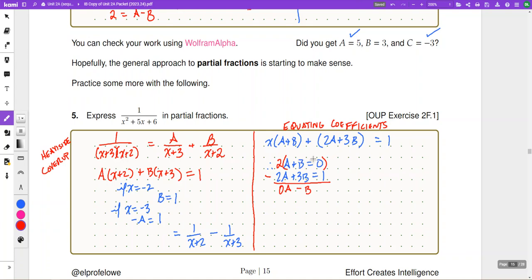And we'd have 2 times 0, which is 0, minus 1, which would be negative 1, and that would imply that b is equal to 1. And if a plus b is equal to 0, then we know that a must be equal to negative 1. So either way works, whether you want to use this Heaviside cover-up method or the method of equating coefficients.